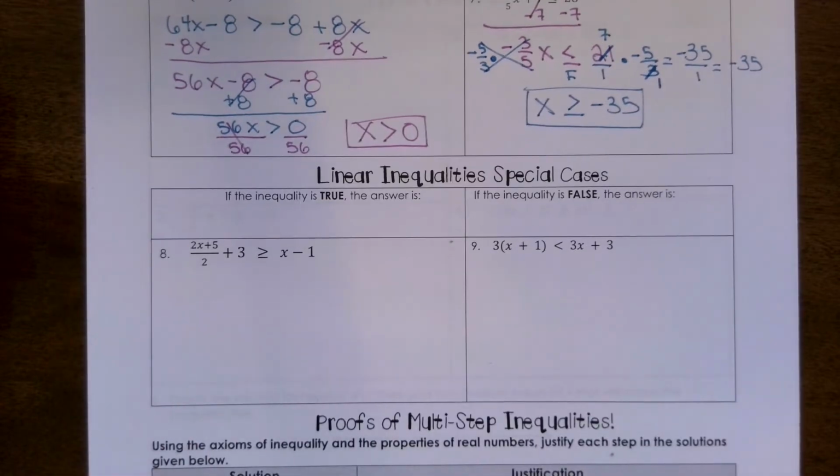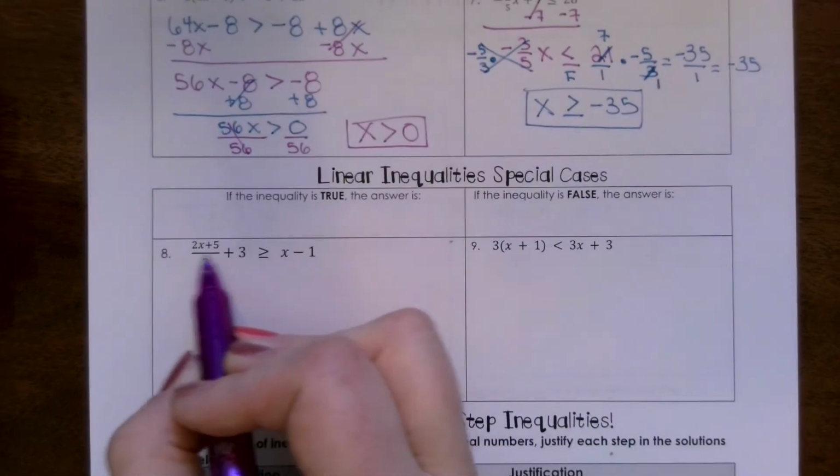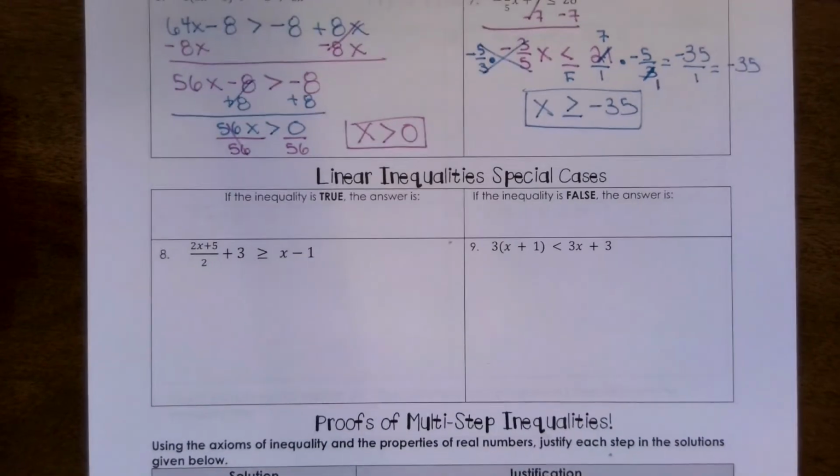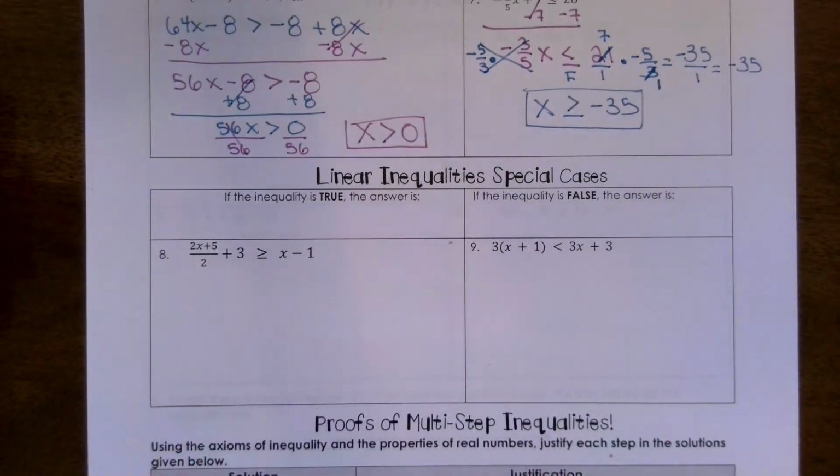This is a lot of fun, this equation, because it doesn't quite follow the order I want it to follow. First of all, I have an expression over, so I've got a fraction, a rational expression here. I've got a constant on this side, and there's nothing to distribute.